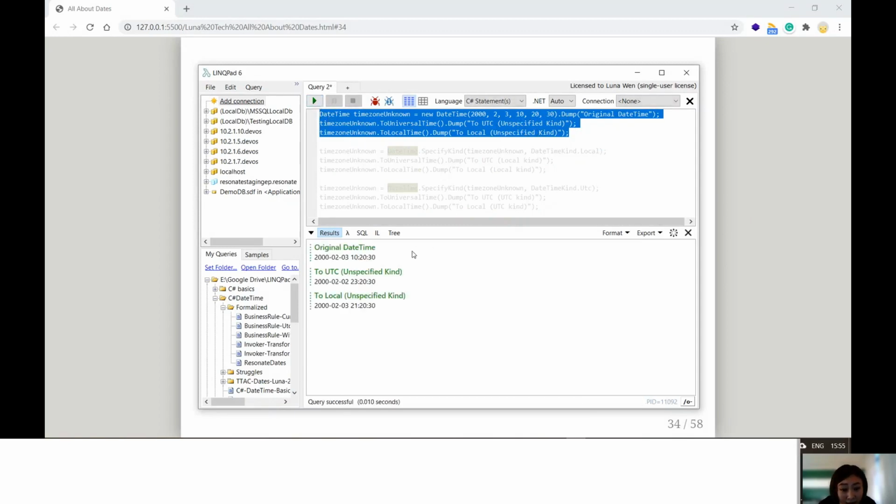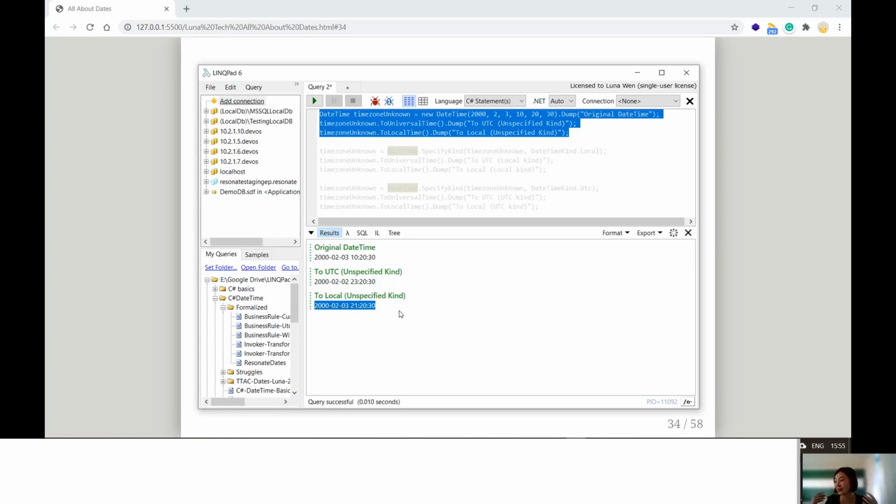So if I run it, to UTC, to local, it's actually going to subtract 10 hours. If it's to UTC, it's assuming this one is my local time. So it's going to minus 10 hours from the original date because the original one is not UTC. But when you say to local, it's adding another 10 hours, because it says now I'm unspecified.